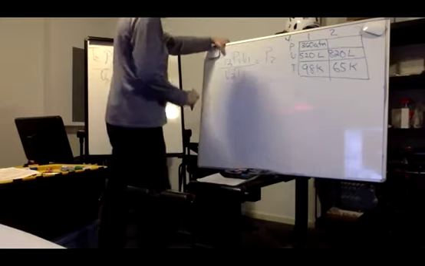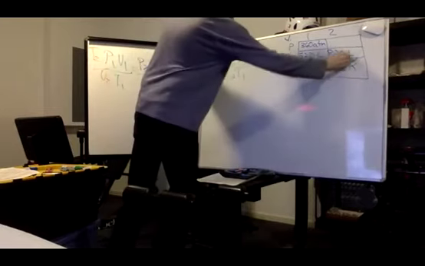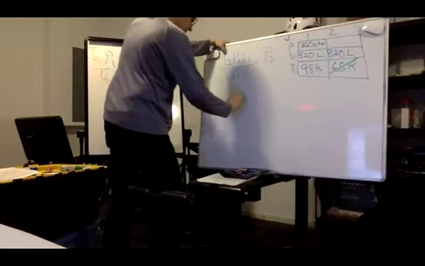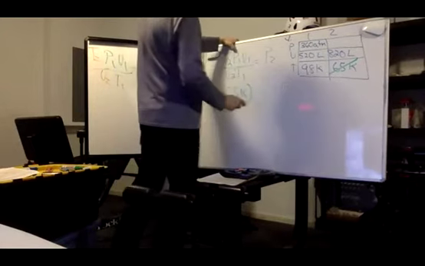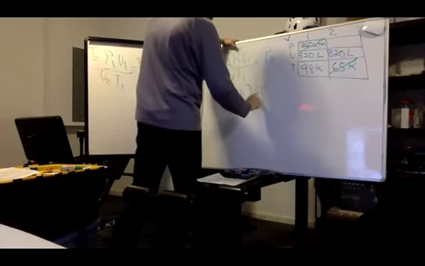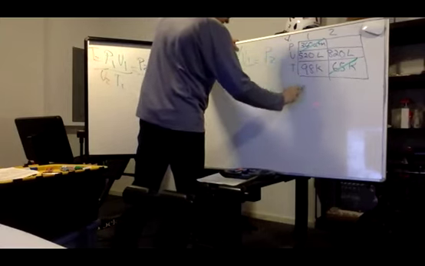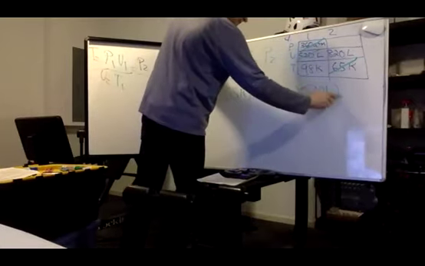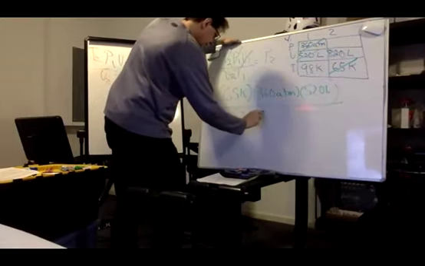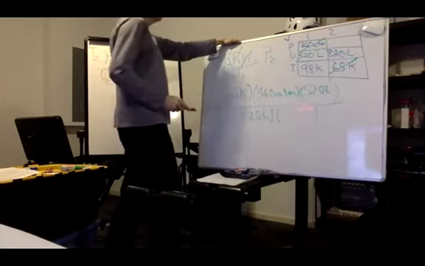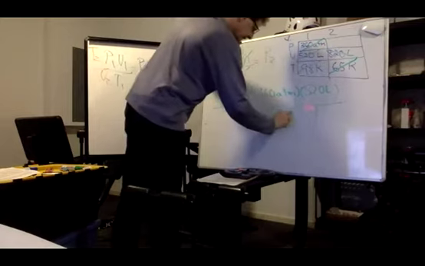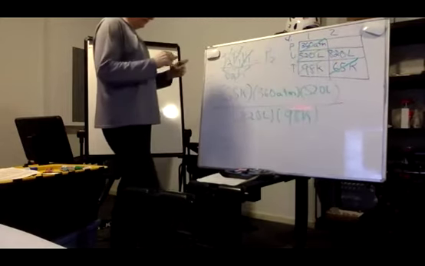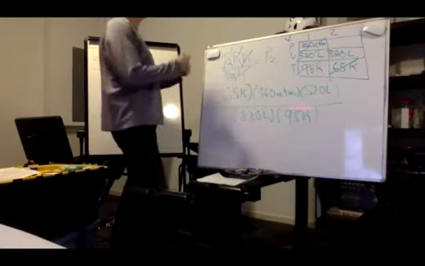So let's start. We got T2, 65 K, P1, 360, V1, 520, V2, 820, and T1, 98 K. And if everything cancels out correctly, there should be only atmospheres left.